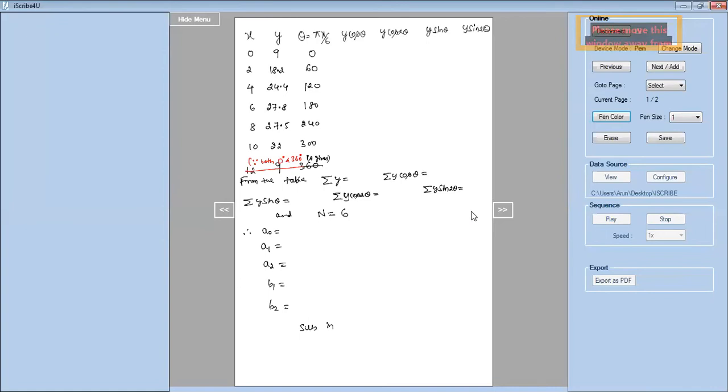Substituting in equation 1, we get the Fourier series up to second harmonics for the problem here. This is what we did in the last class also. The same thing you can do for this problem. Now I want the values of these columns, then the summation values and the values of the constants A0, A1, A2, B1, B2. So let me calculate these values first.